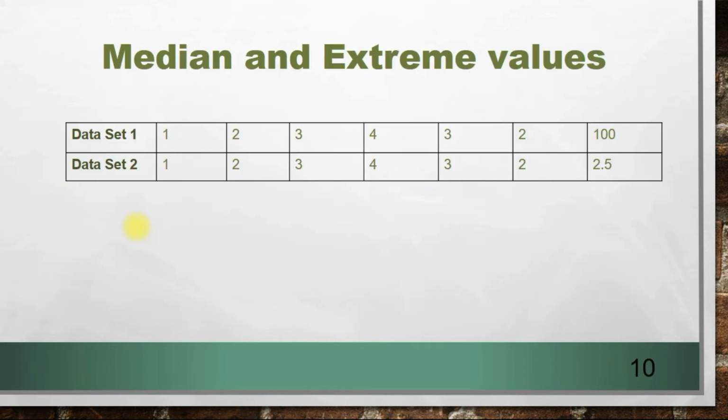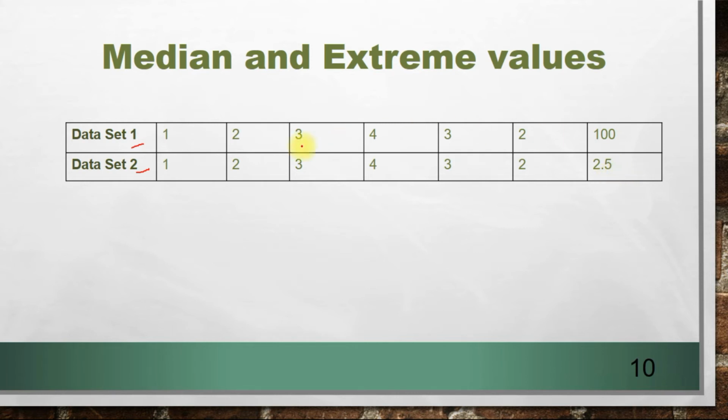To understand this, we again go through an example. Here again we have two data sets, 1 and 2, and we have 7 observations in each data set. If we look at data set 2, the observations are very close to each other. There is no extreme value present in data set 2.